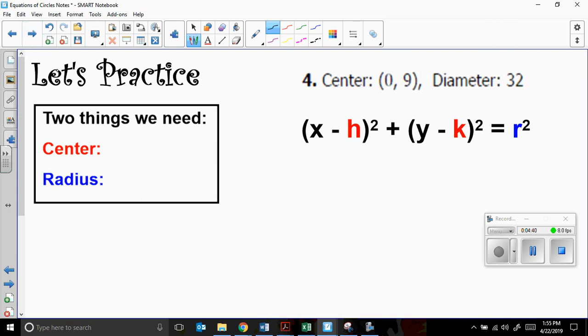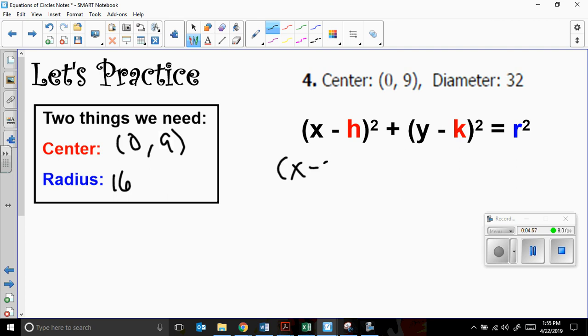And that's the equation for that circle. Now if we look at number 4, we have the center, which was given to us, which is (0, 9). They gave us a diameter of 32, but we need a radius, so the radius is 16. Now we're going to fill it in.